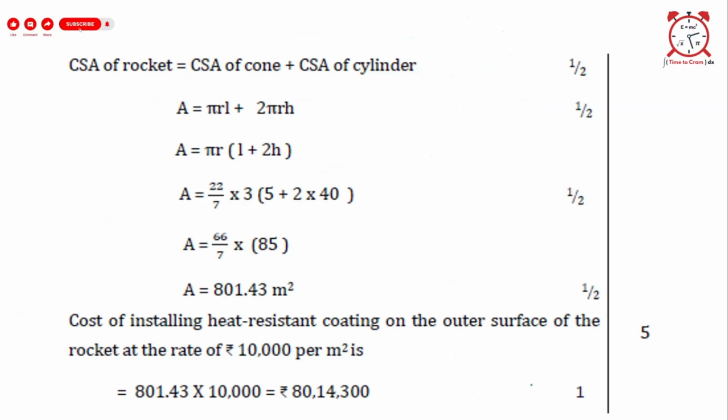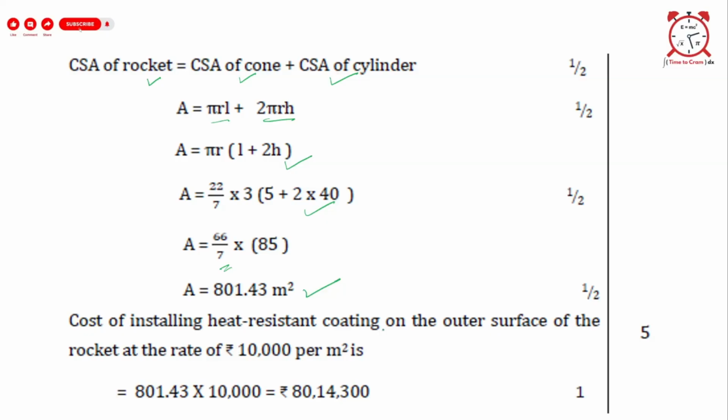Now let us move forward. CSA of rocket is CSA of cone plus CSA of cylinder, so pi r l plus 2 pi r h are the respective formulas. Keeping the values, again 7 is there, so keep the answer properly: 801.43 meter square.